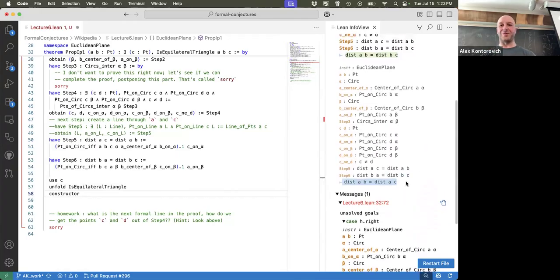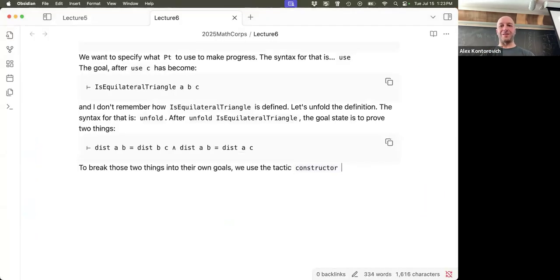Now, the goal state: we now have two goals.